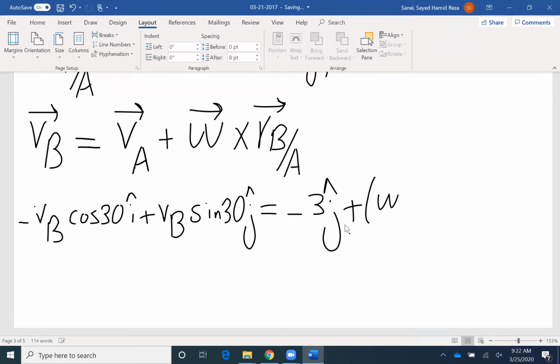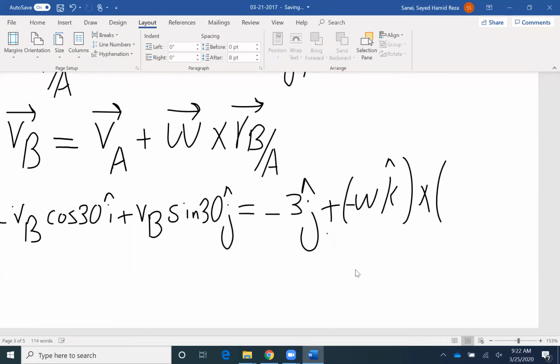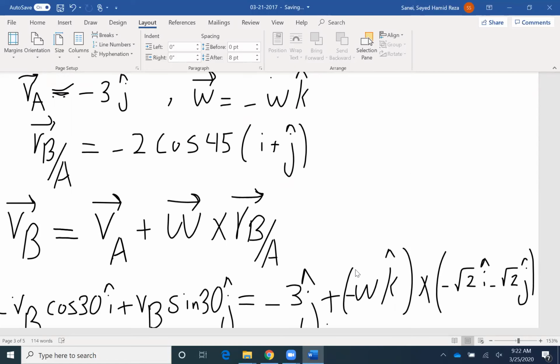Omega, we don't know the magnitude, but we know the direction, was negative omega K, cross our vector R, which is negative square root of 2I, negative square root of 2J. So if we go to our BA, negative 2 cosine 45 would be a square root of 2 over 2. So that would be negative square root of 2I, negative square root of 2J.